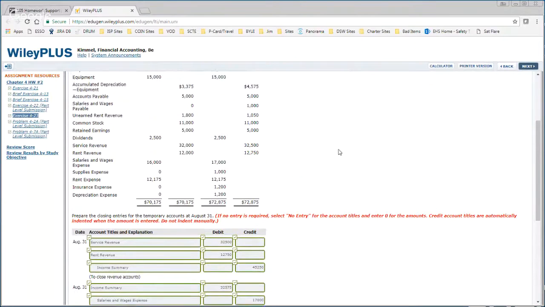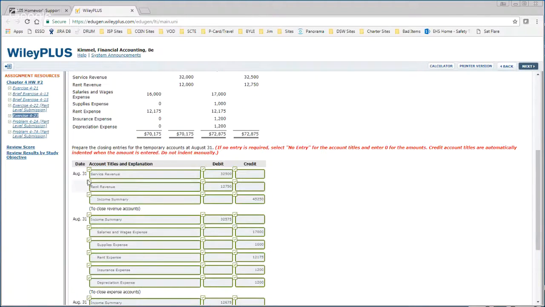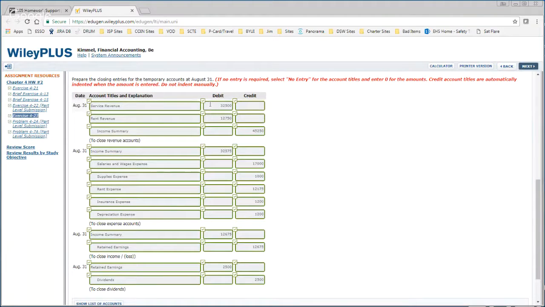There were two types of revenues. There was service revenue at $32,500. This is usually adjusted numbers. There was rent revenue, and that was at $12,750. You plug those in as debits, because we're closing this out, it's like everything is backwards from what I'm used to.